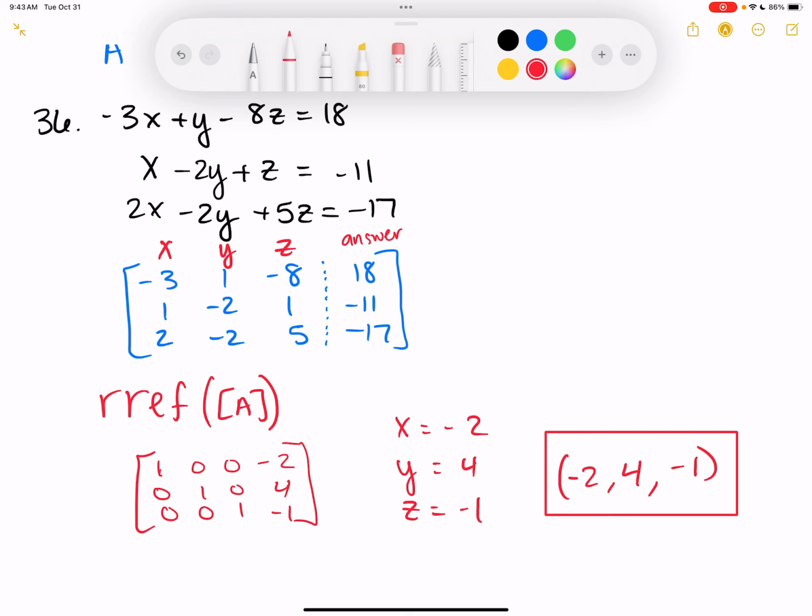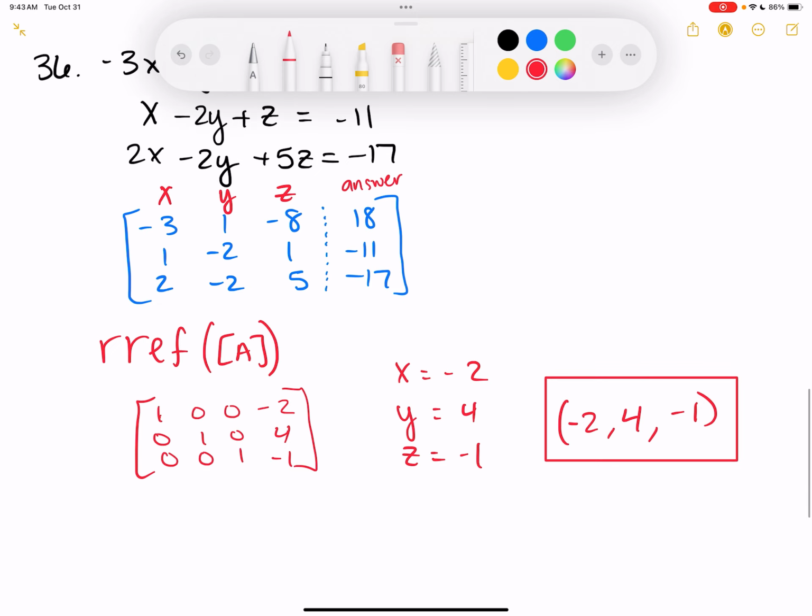Oh, it's negative 17. He had positive 17 instead of negative 17.